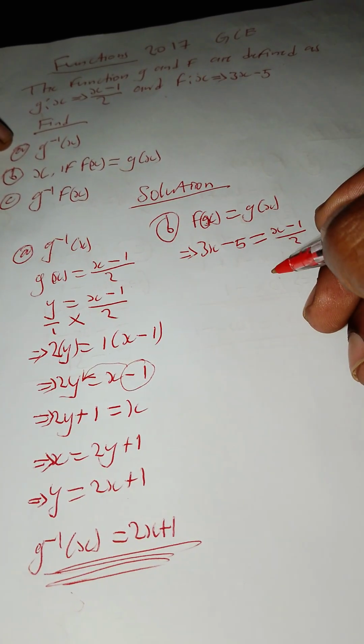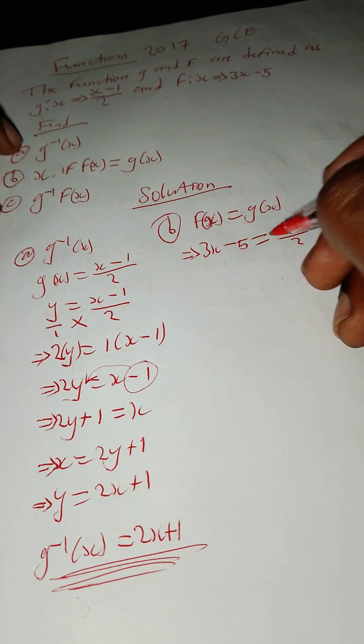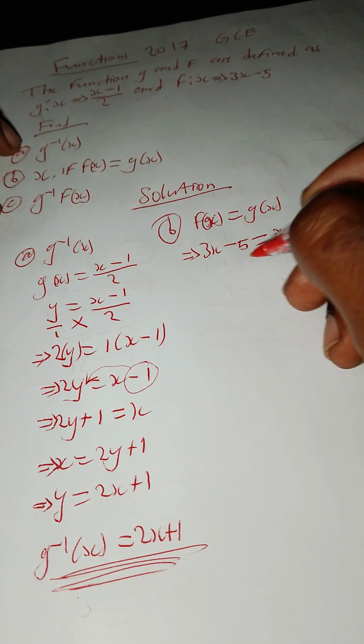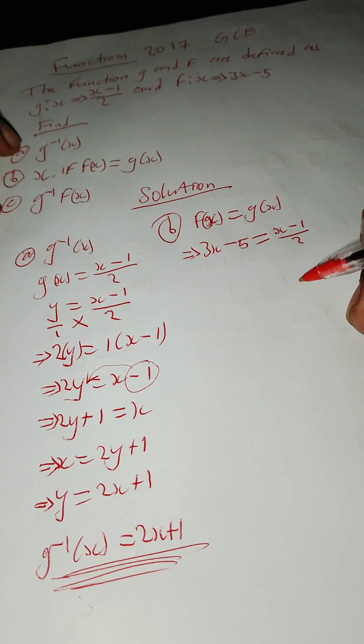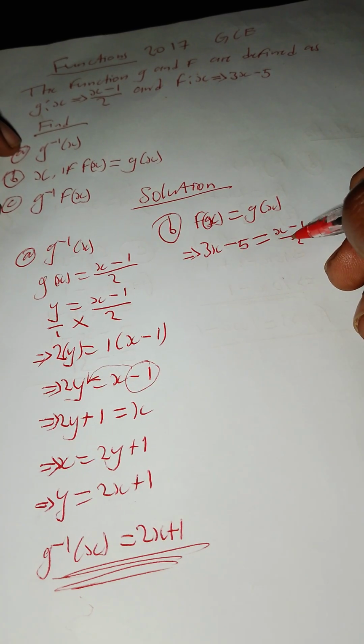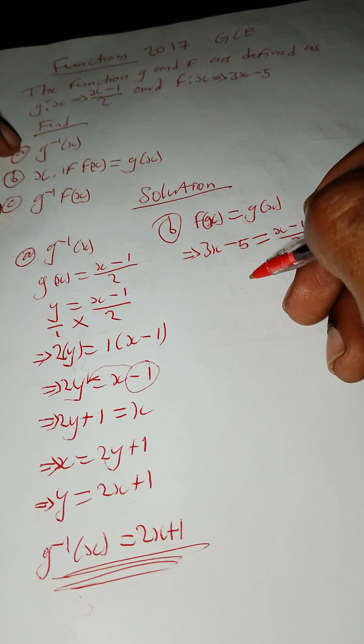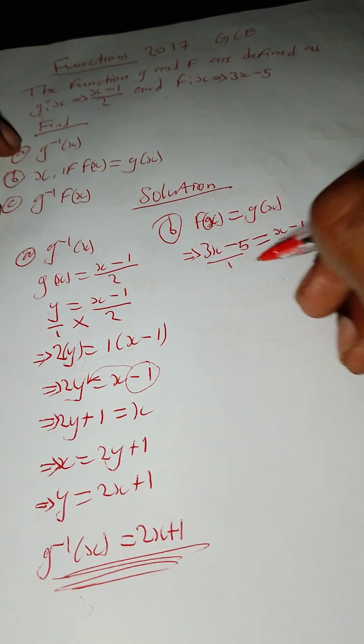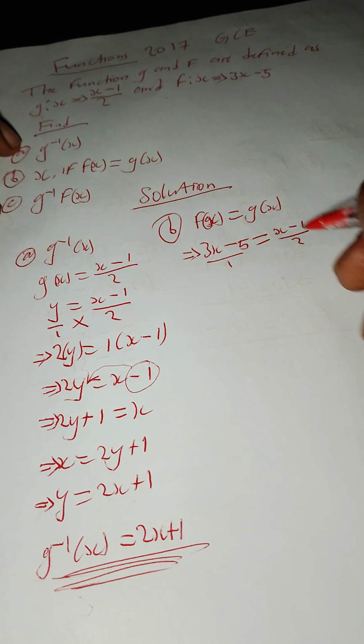This implies that we need to make x the subject of the formula. Now how do we do that? This side we have the fraction and this side we don't have the fraction, so we make it a fraction as well, so that we can cross and multiply.